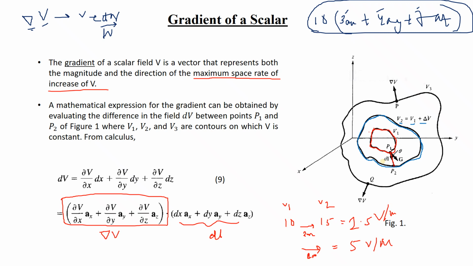That means you have to take the shortest path. So suppose this is the shortest path, and the displacement is dl, and dl is equal to dx unit vector x plus dy unit vector y plus dz unit vector z. Why? Because displacement is a vector. So if you perform this dot product, then what do you get? You are actually getting the increase of potential.